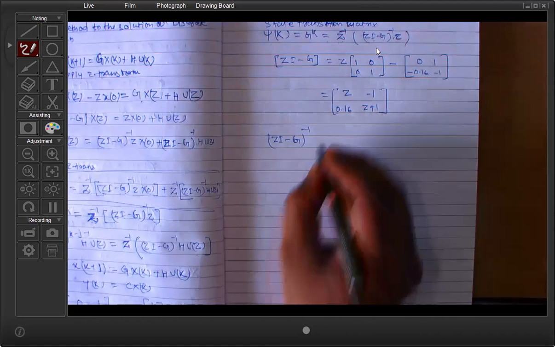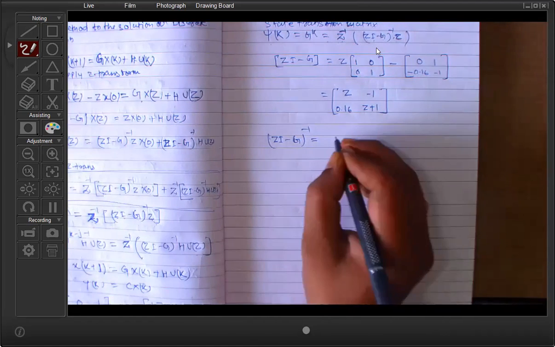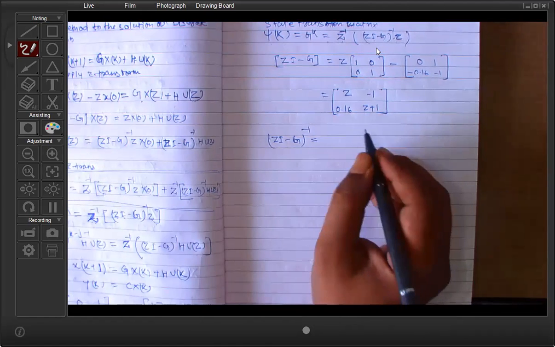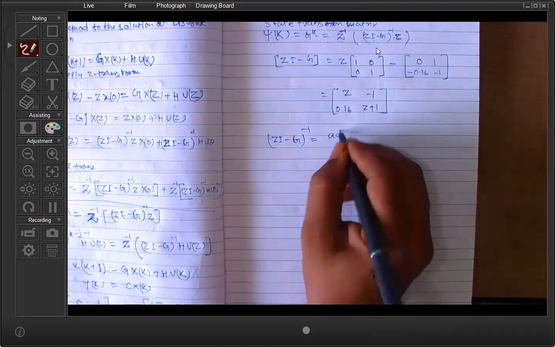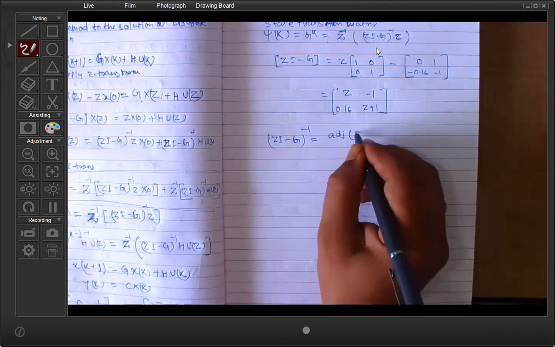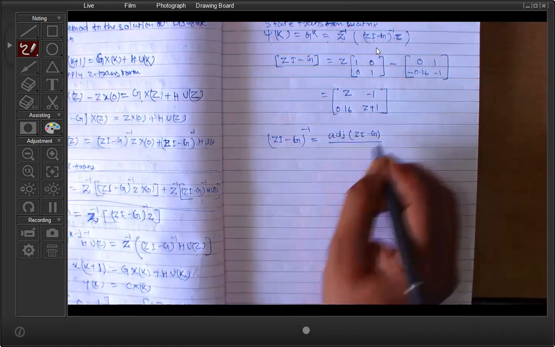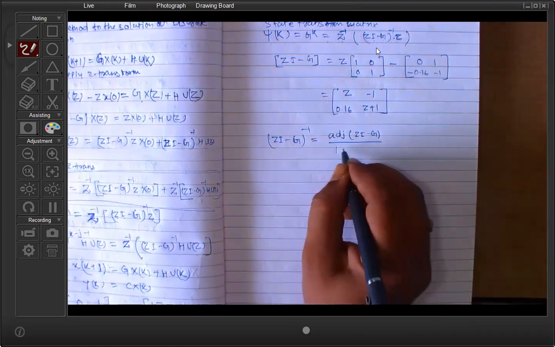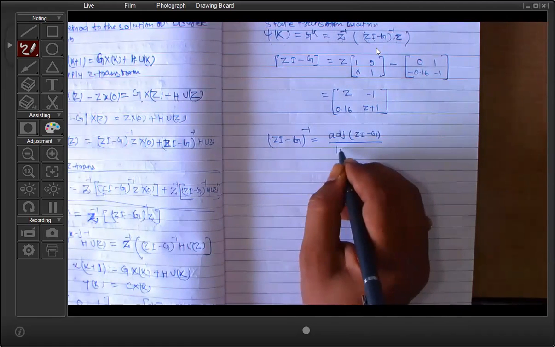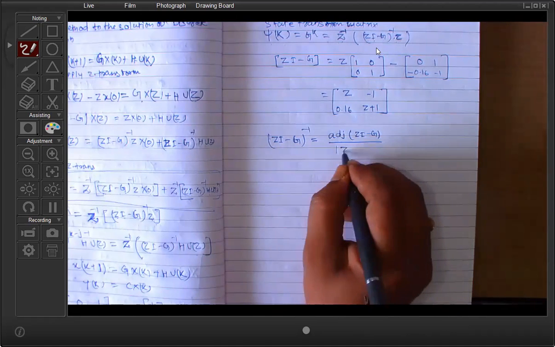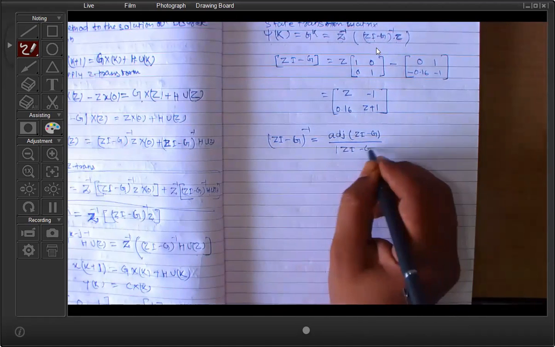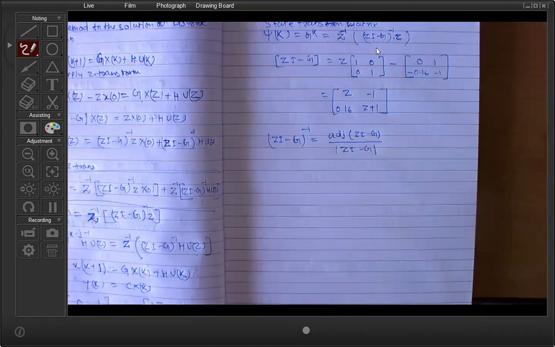Okay, so from the inverse of the matrix, you know what is the formula of the inverse of the matrix? Adjoint of the ZI minus G matrix divided by the magnitude, or determinant, of the ZI minus G matrix. Yes or no? Yes, sir. Okay.